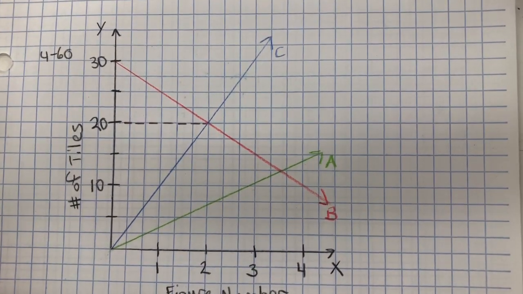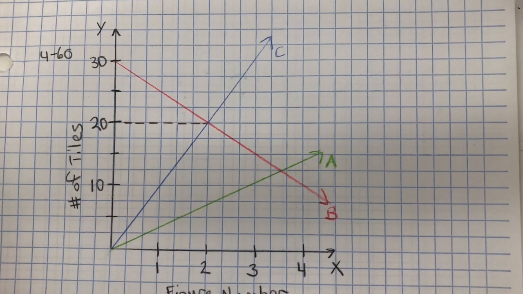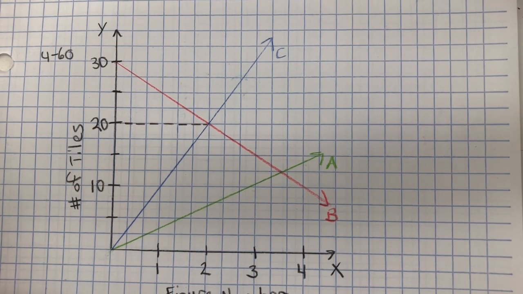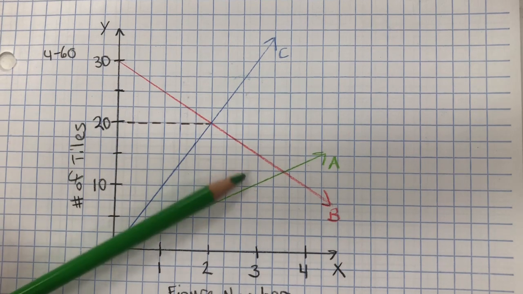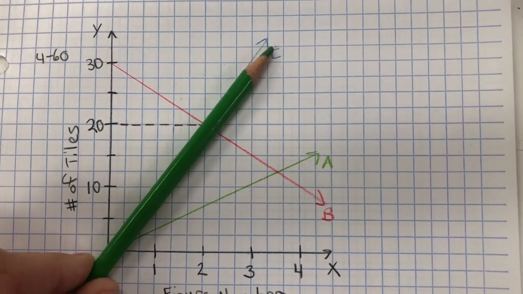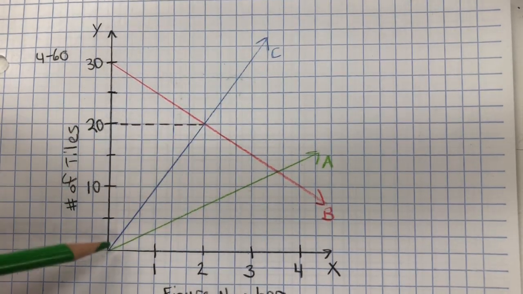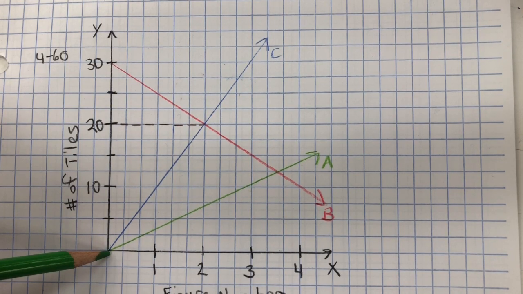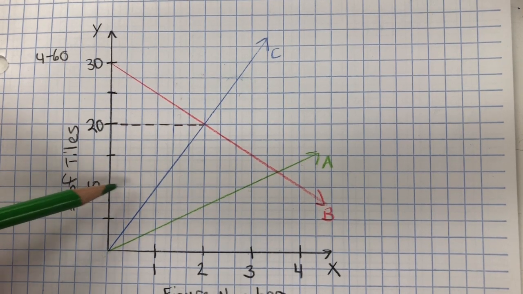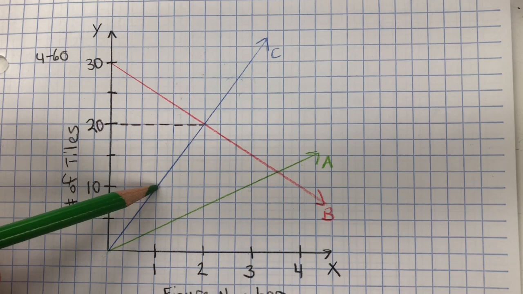In part B, which pattern changes most quickly and how quickly does it change? Well, pattern C, you can see that it's the steepest. It's growing at 10 tiles per figure number.